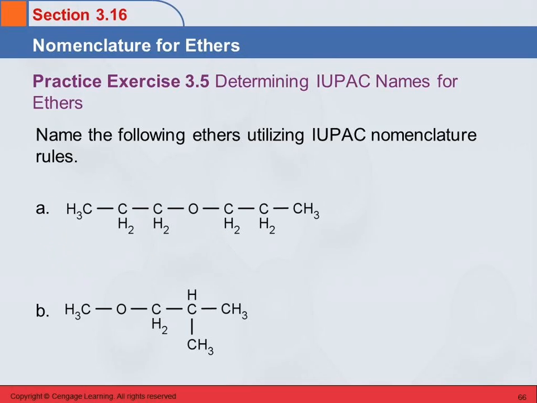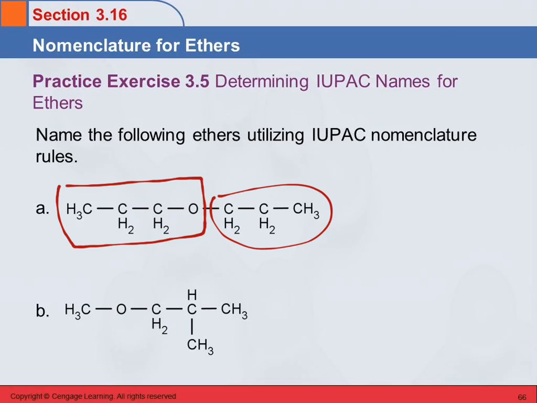Well, we'll just pick this group that we're attaching to. I'm sorry, that's the oxy group, and here's the other one. So this is going to be the parent name, 1, 2, 3, Mom Eats Pickled. So this is propane. And this guy over here would be propoxy.